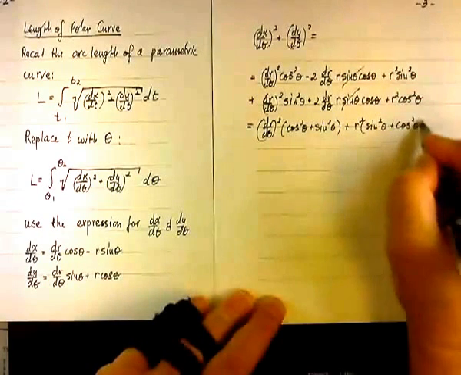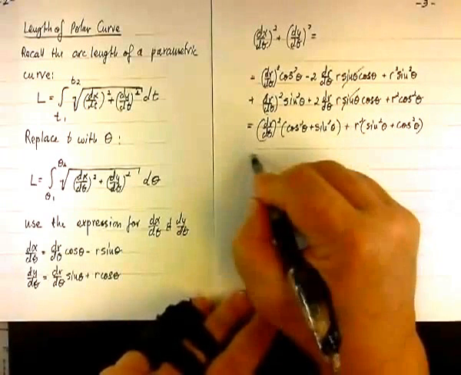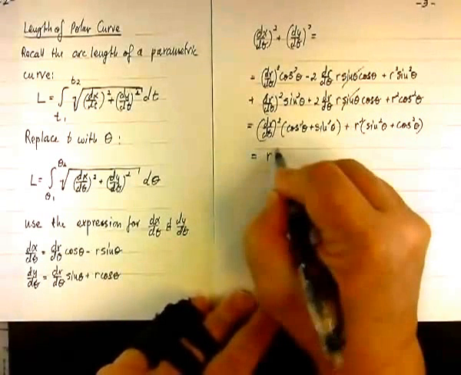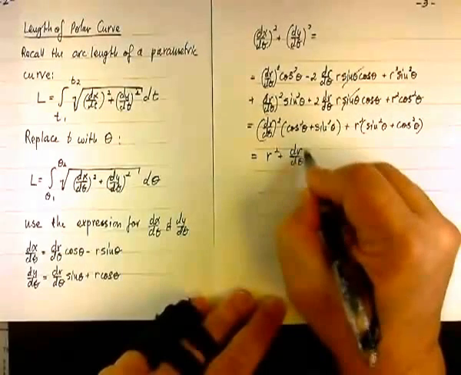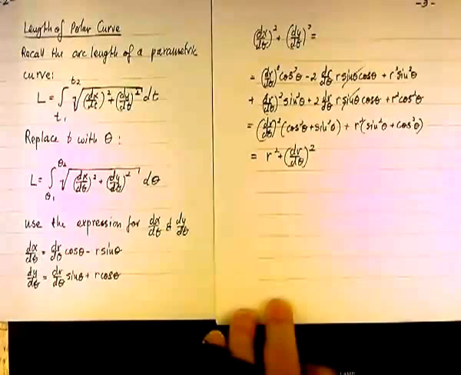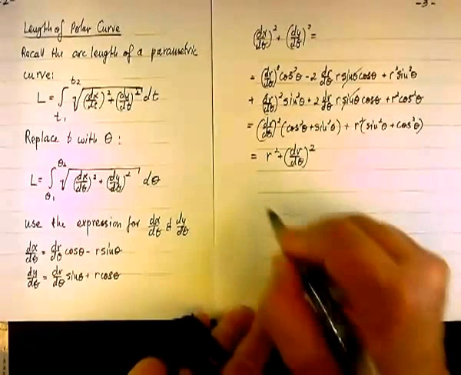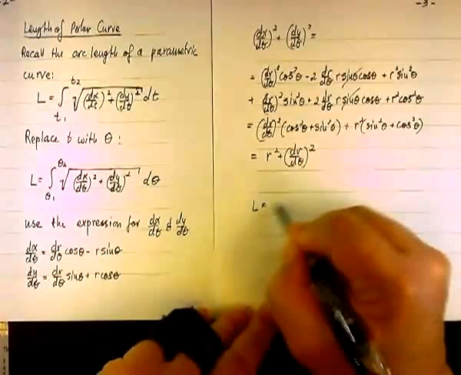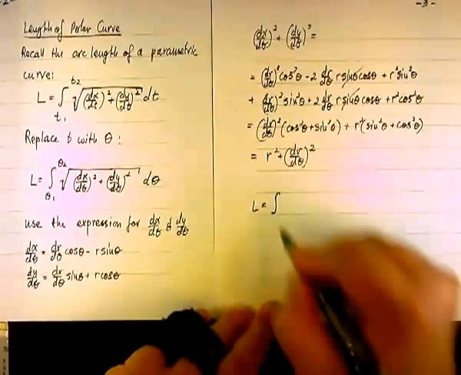And when you factor r squared, you have sine squared plus cosine squared, which is also equal to 1. So the end result will be r squared plus dr d theta squared, and this is the radicand. That's what goes into the square root.